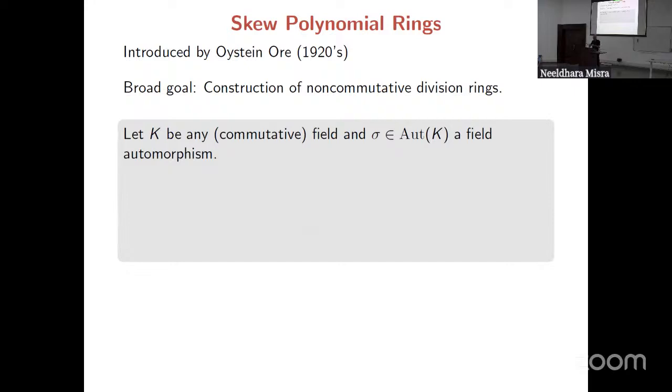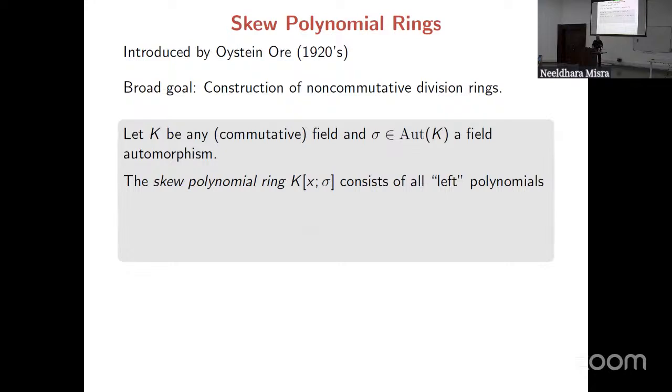So sigma is an automorphism of K, and the skew polynomial ring K[x; sigma] is like the polynomial ring K[x], the univariate polynomial ring, with polynomials such as x square minus 1 or x square plus 1.